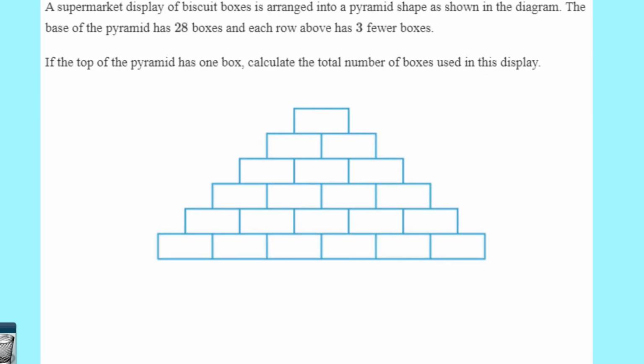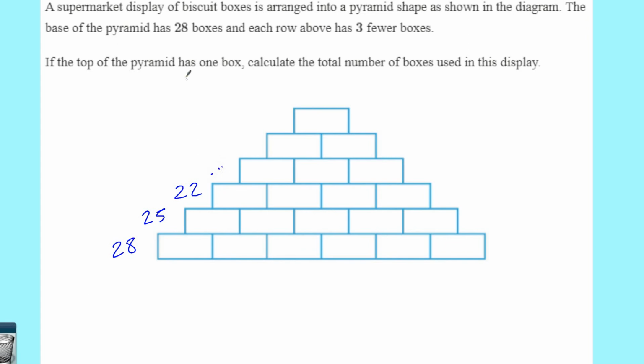Okay. All right, so now we got a supermarket display. Let's see. At the top of your calculator, okay. So we start with 28, and then we keep losing 3 boxes every row. Okay.